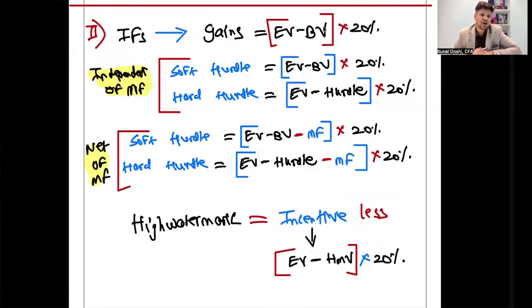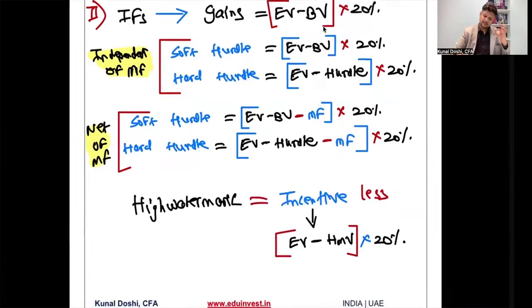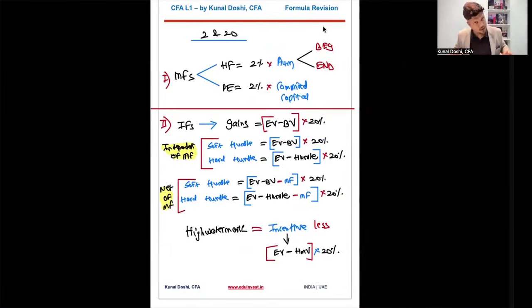Fee deduction or not is not relevant to soft, hard, or high watermark. So from the gains, should I deduct the fees or not? That is not related to the hurdle or high watermark. You always have to deduct if they say net. It doesn't matter. Clear? Yes, cool.